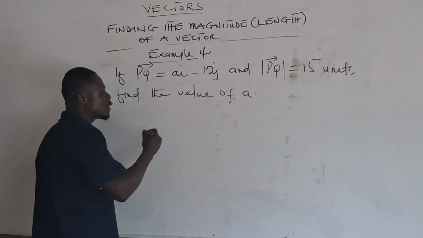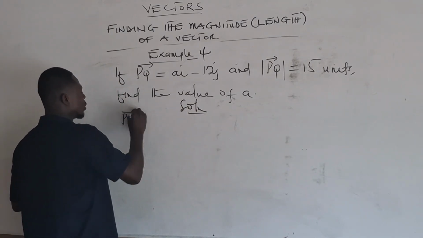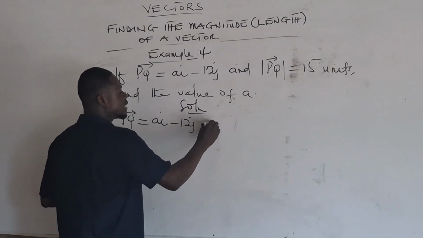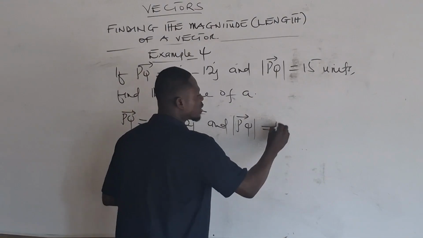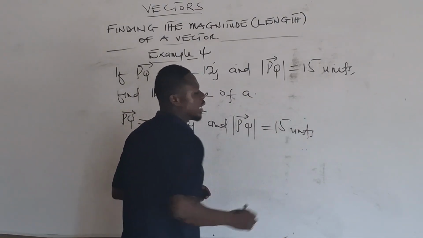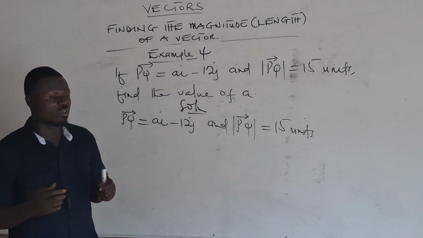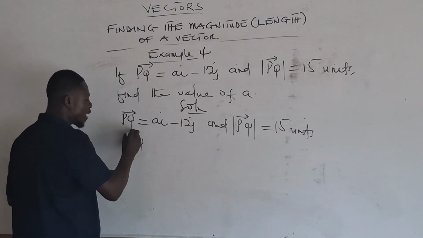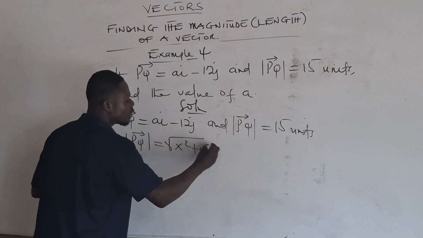So let's quickly look at how to do it. Our vector PQ is Ai minus 12j, and the magnitude of the vector has also been given as 15 units. We can do this by using the formula for finding the magnitude of a vector. The magnitude of vector PQ will be the square root of x squared plus y squared.